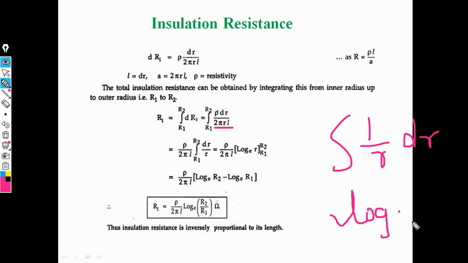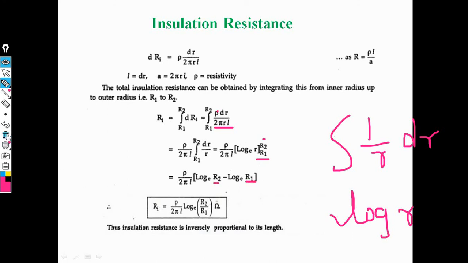This is the initial limit and this is the final limit. Then rho upon 2 pi L times log r, applying the limits R2 and R1.